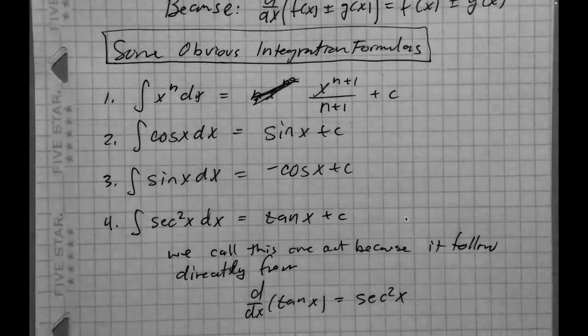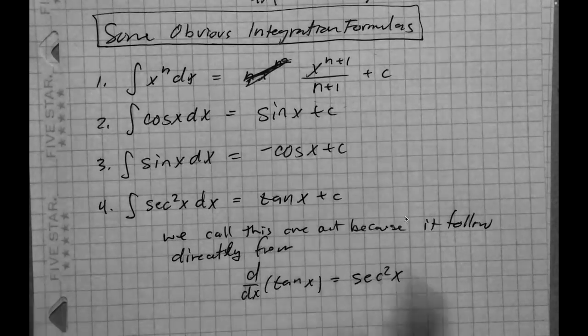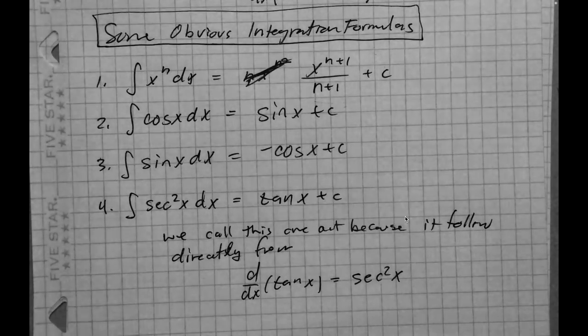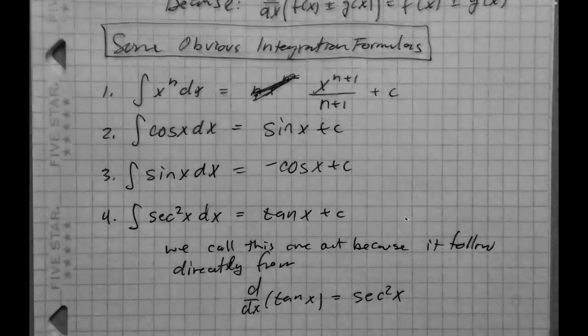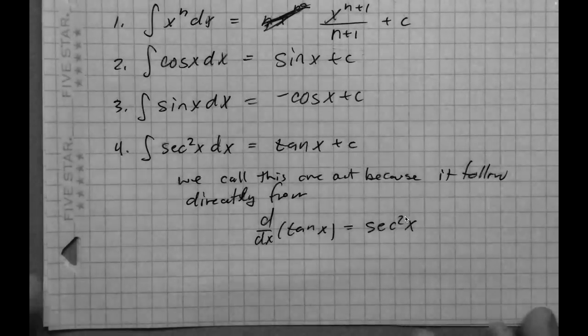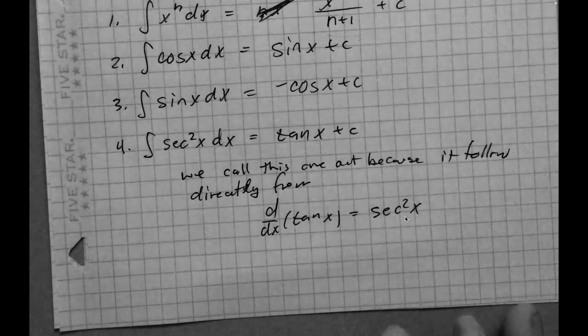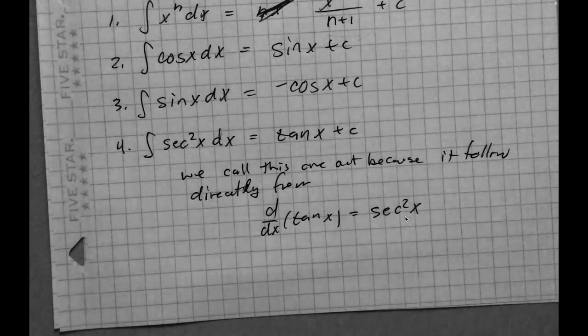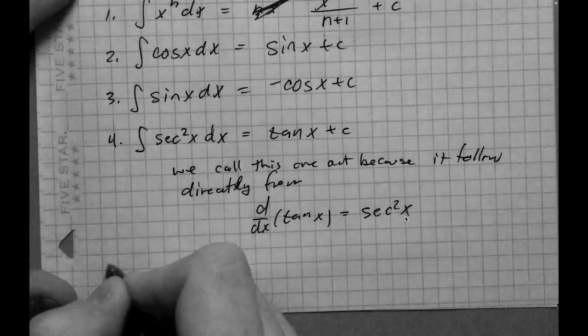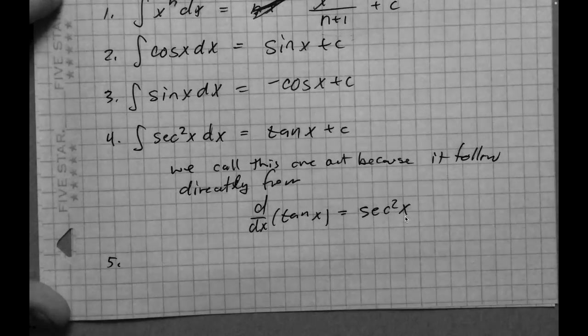And so therefore the integral of secant squared must be tangent, right? And that's the wavelength we're on right now. We're not coming up with all of the deep integrals yet. We will get into those, don't worry. But we're just going to pull these out so that it's clear where we're starting and what we already know.